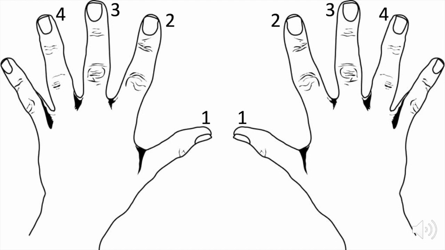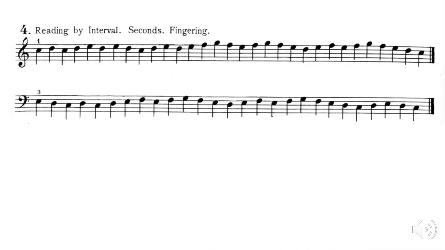The next finger is number 4. And the next finger is number 5. So if we come back here to page 5, number 4, we know that that little tiny 1 means that our thumb goes on the first note.